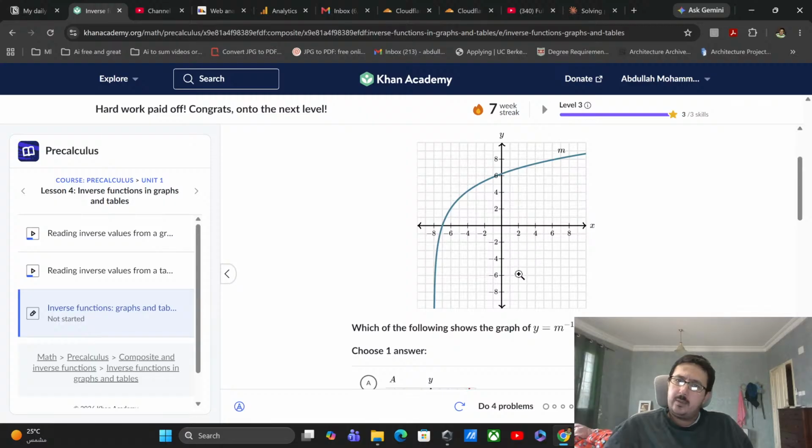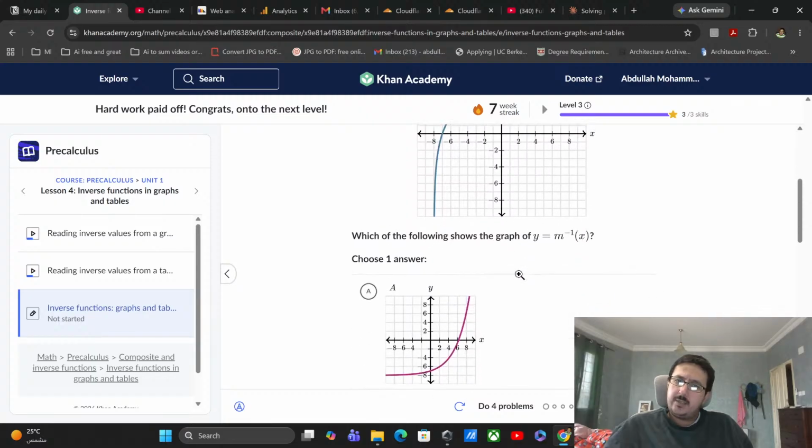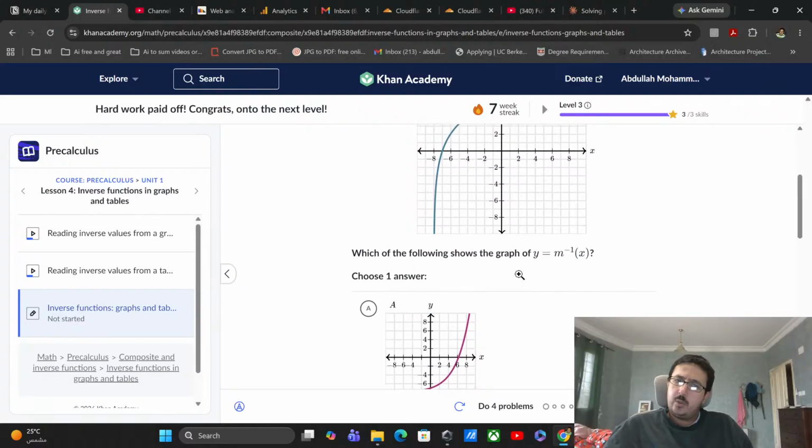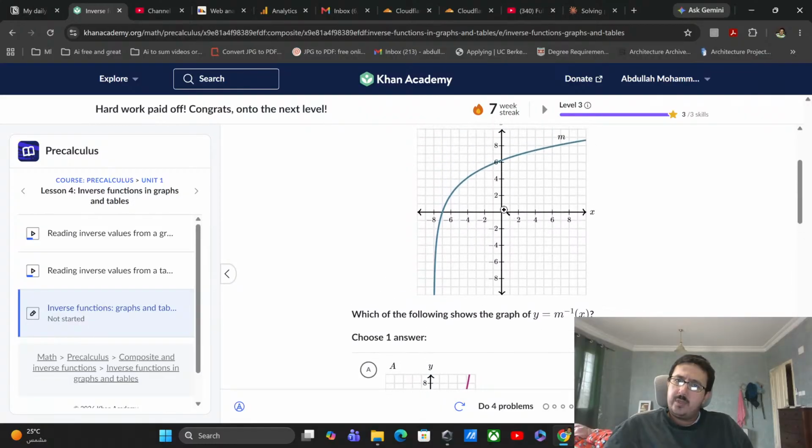So all the way to when it's going to be 0. When it's 0, it's 6. So when it's 6, it's going to be 0. When it's 6, it should be 0.